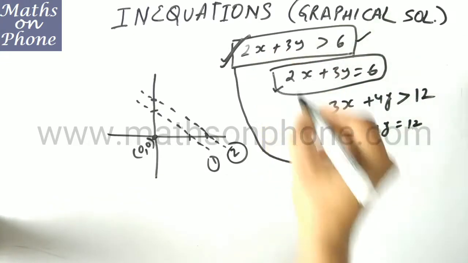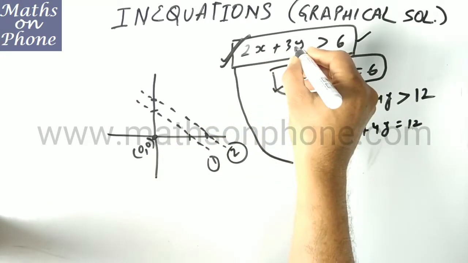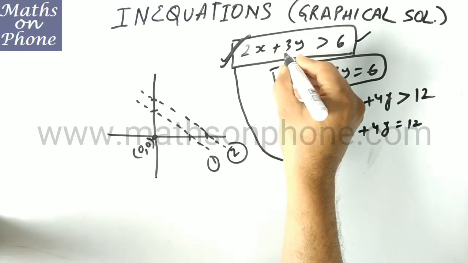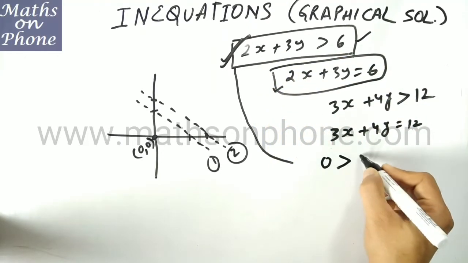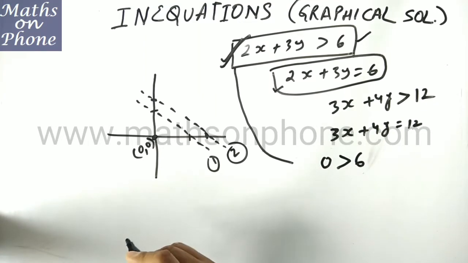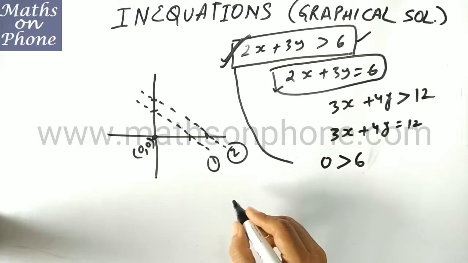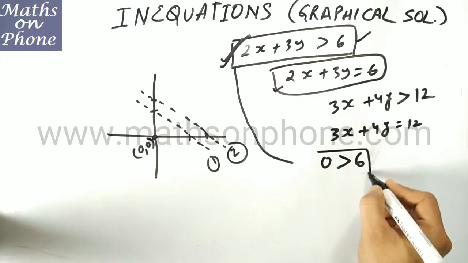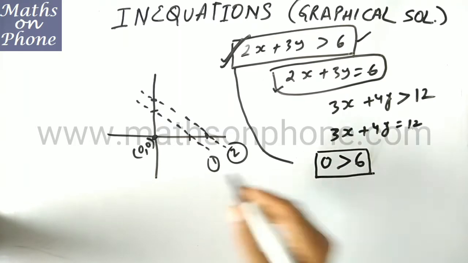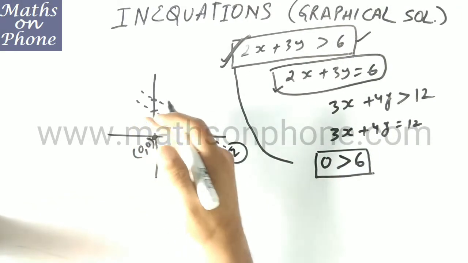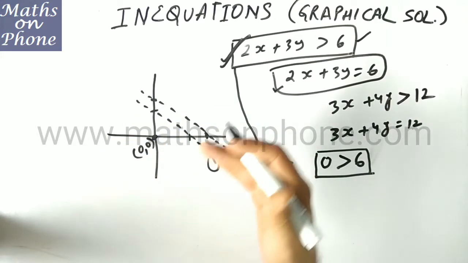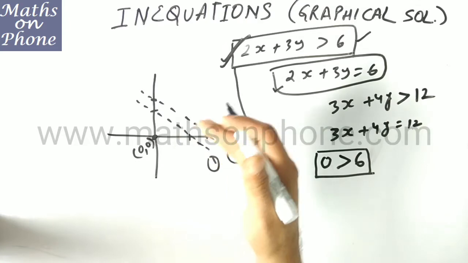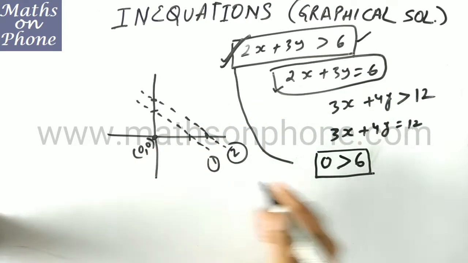Suppose I put the coordinates of the origin, (0, 0): 2 into 0 plus 3 into 0, 0 is greater than 6. Is it correct or wrong? This is definitely wrong. That means we don't have to shade the region containing the origin, so we have to go for the region not containing the origin.